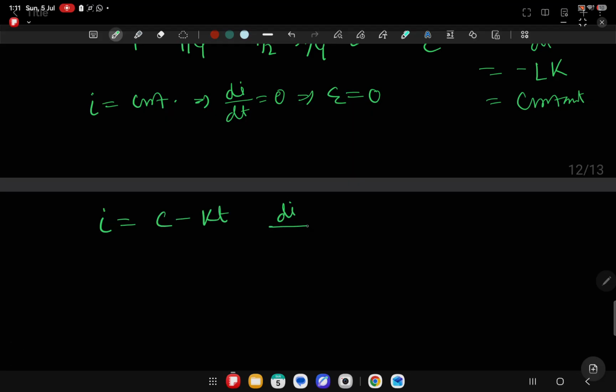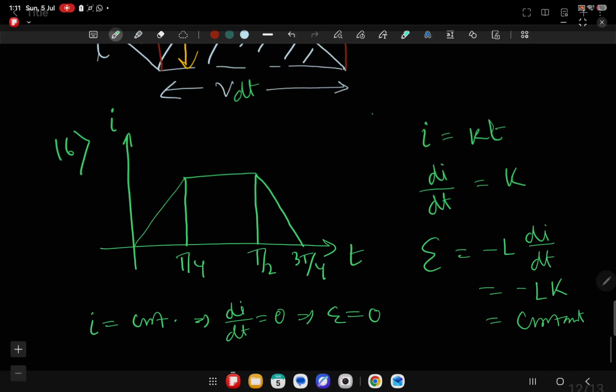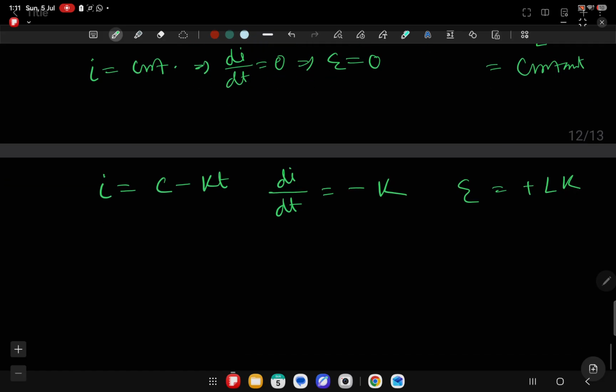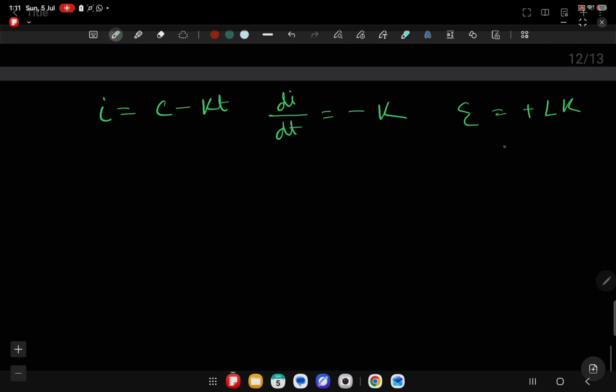So di by dt will become minus k, so epsilon will become plus Lk. From epsilon is minus L di by dt, it will become plus Lk. So it's a positive constant. Okay, so epsilon versus t graph will be very easy.